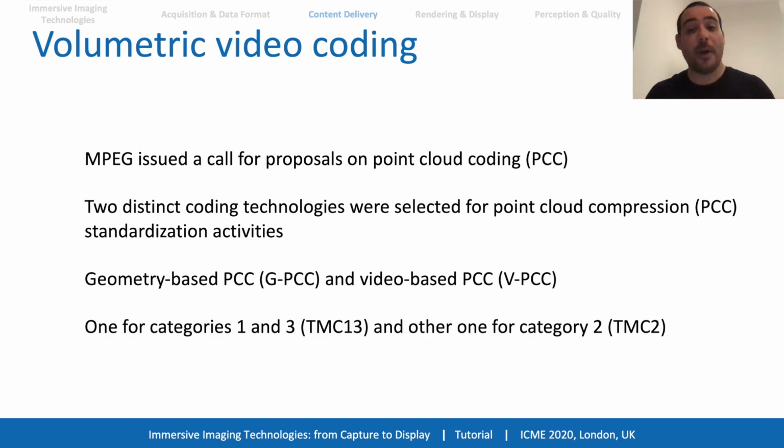One is geometry-based PCC, GPCC, and the other is video-based PCC, called VPCC. Two reference software were also developed, one for categories 1 and 3, TMC13, and another one for category 2, TMC2.